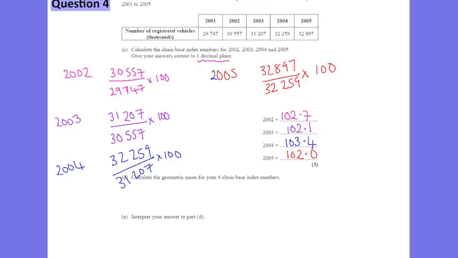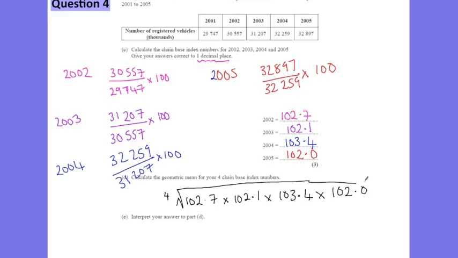We're then asked to calculate the geometric mean for the 4 chain-based index numbers. We have 4 numbers, so it's going to be the 4th root. Again, using our calculator, the 4th root of our 4 chain-based index numbers multiplied together to find the product, showing your working, is equal to 102.5. An interpretation here in this question is about the number of registered vehicles.